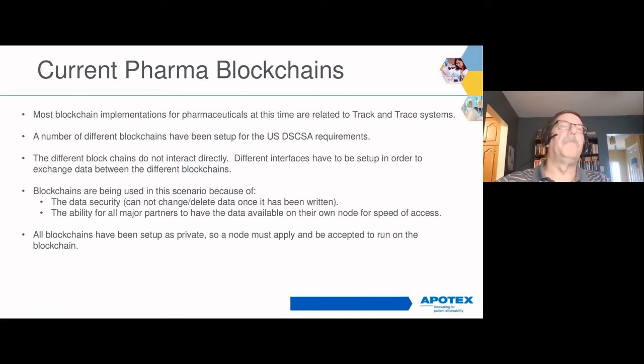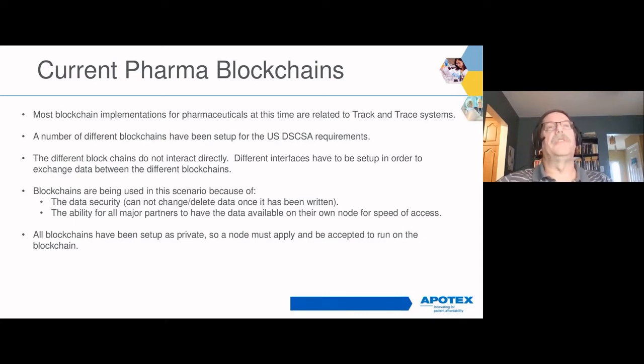They've been set up both for use in the US and in the EU, which are the two countries that are farthest along in a general implementation of serialization. A number of different blockchains have been set up for the US DSCSA requirements, and that's their serialization legislation talking about security of their drug supply system.